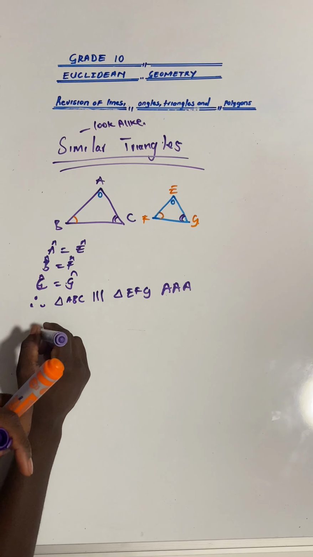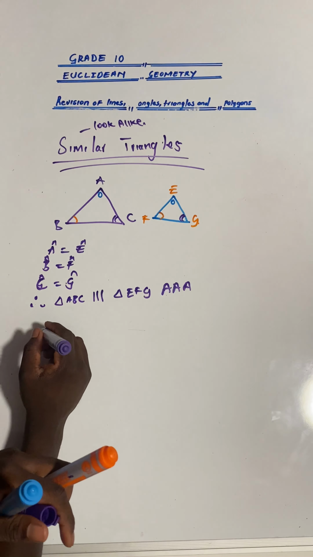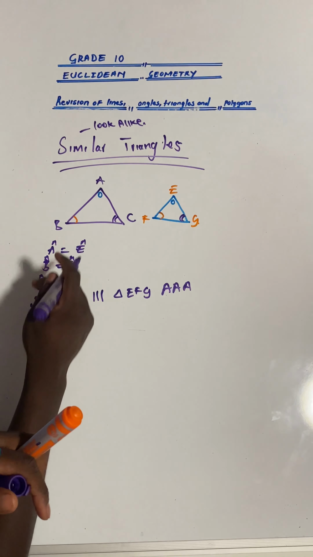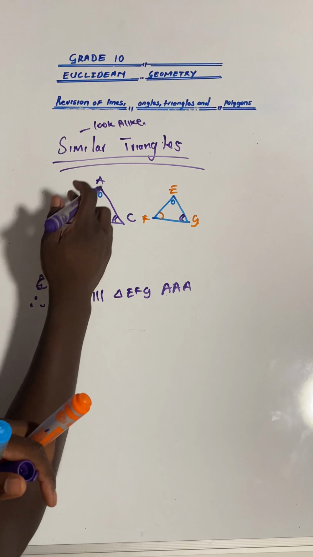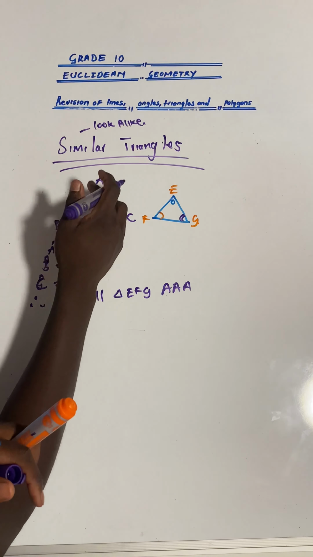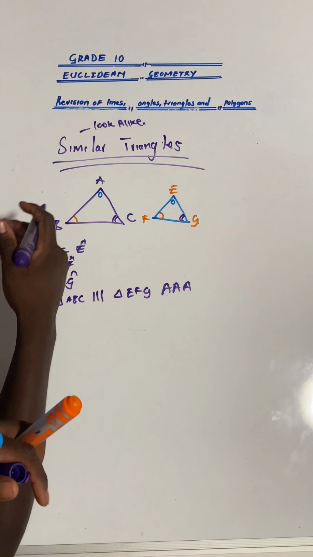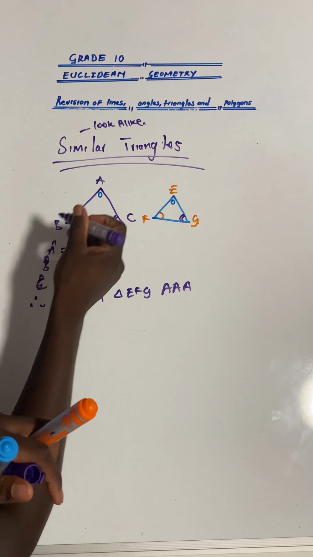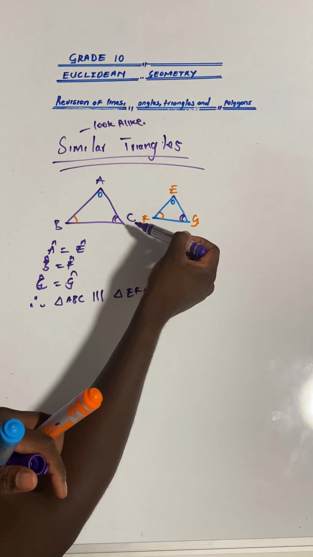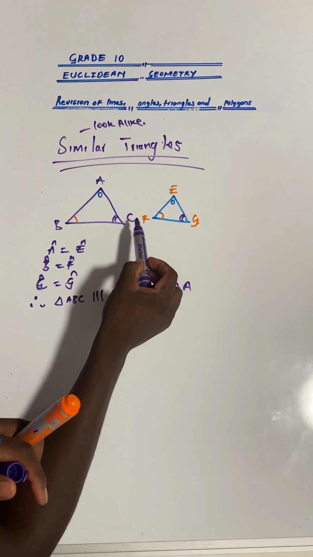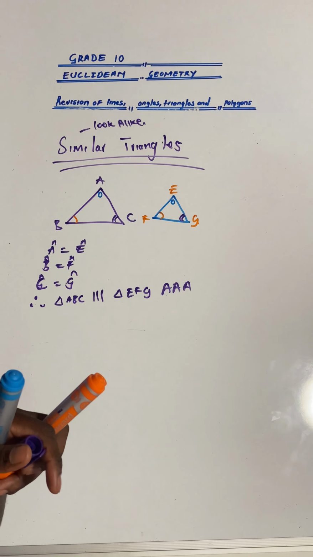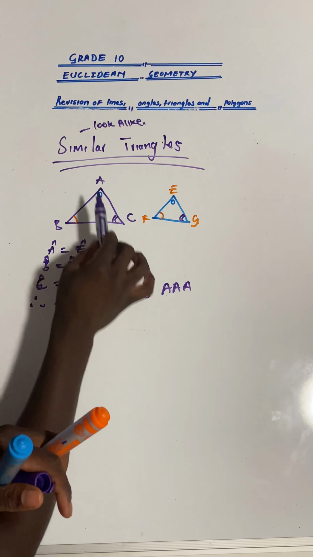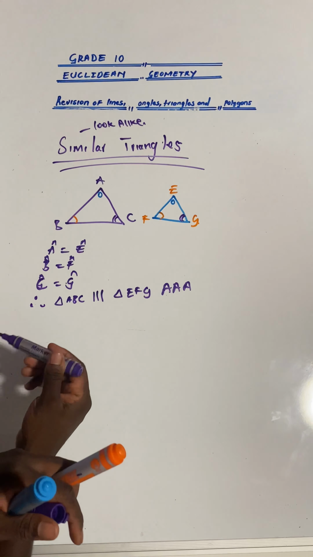Then we have this other one which is usually confused with the side condition from congruency. In this case we look at the proportion. What is the proportion that we are looking at? We are looking at similar sides, or same proportion. Same proportion is actually the good word to use. If we look at AB over EF equal to BC over FG, and AC over EG, you see they are in the same proportion.